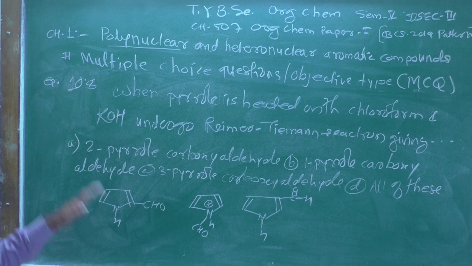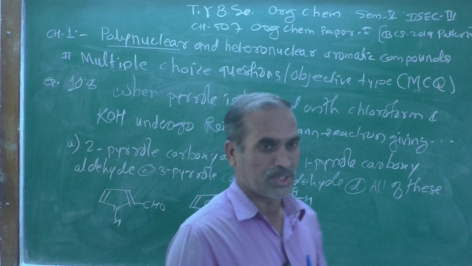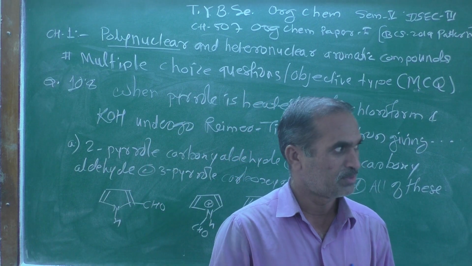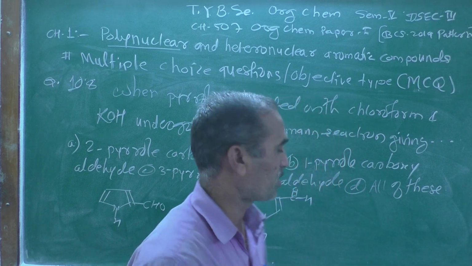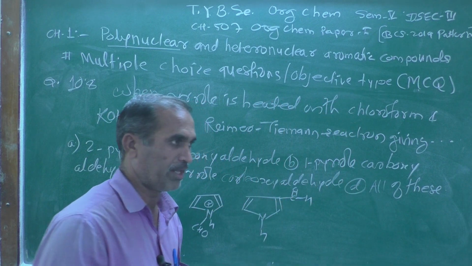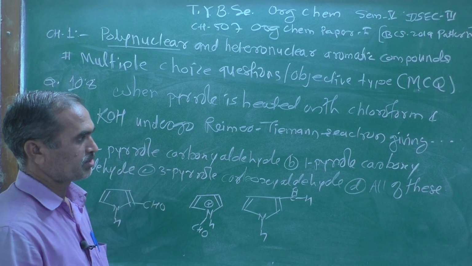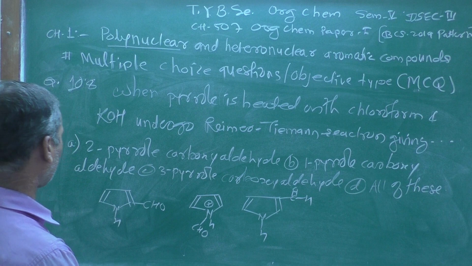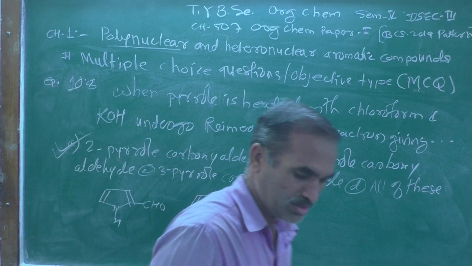What do you think? As we know, the Reimer-Tiemann reaction, which introduces a formyl group, also belongs to electrophilic substitution reactions, and a 5-membered ring mainly gives electrophilic substitution at 2 position, and therefore the first one is the correct answer.